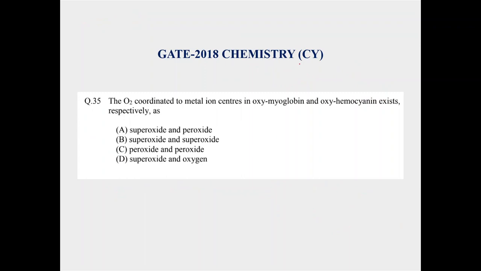Therefore, for the given question, oxymyoglobin has superoxide and oxyhemocyanin has peroxide. So among the given options, option A is the correct option. It's clear? We should know the structures to know this.